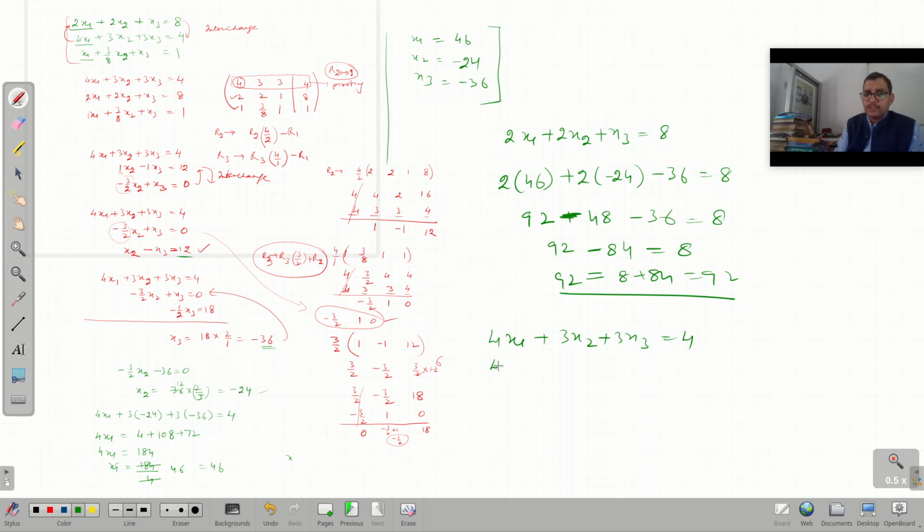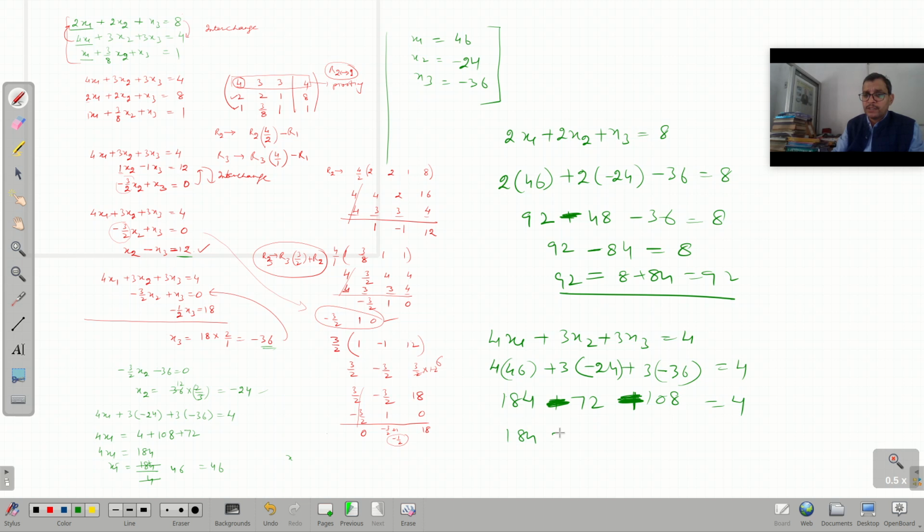So if I put all these values here, it is 4 into 46 plus 3 into x2, which is minus 24, plus 3 into minus 36, and it is equal to 4. So 184 minus 72 minus 108 is equal to 4.